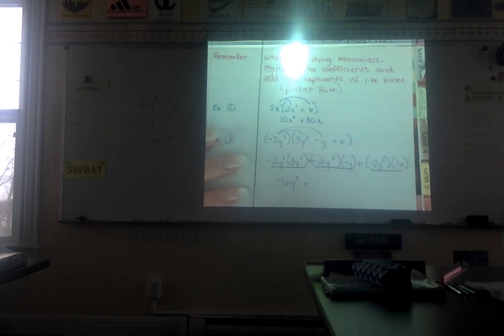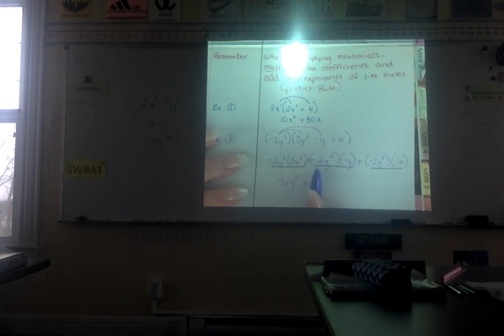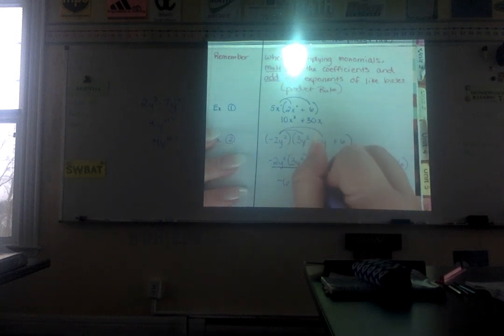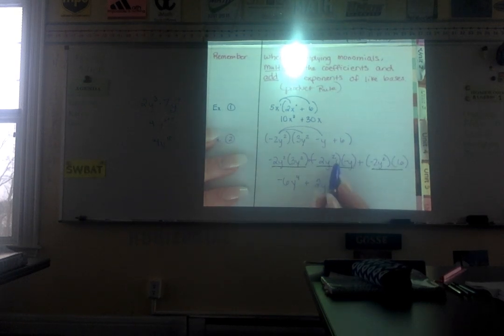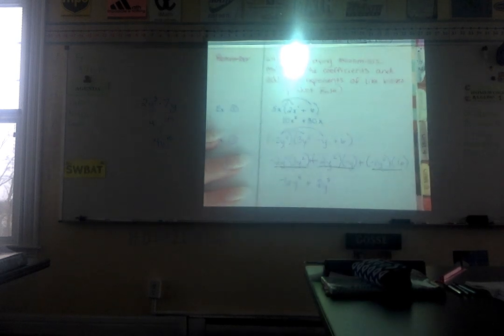Why is it only positive 2? Because if you multiply a number with 1, it will usually come out as that. Technically this negative y has a coefficient of negative 1, but all we see is a negative sign, okay? So negative 2 times negative 1 is just positive 2. So 2y. And Brennan, you said the new exponent is 3. Because I have 2 y's right here, y squared, and then I have another y right here, so that's y cubed.